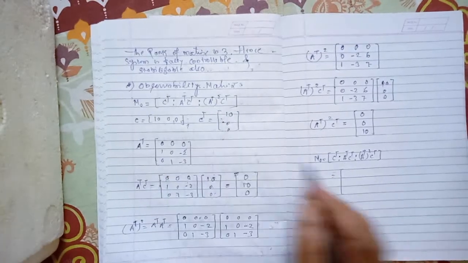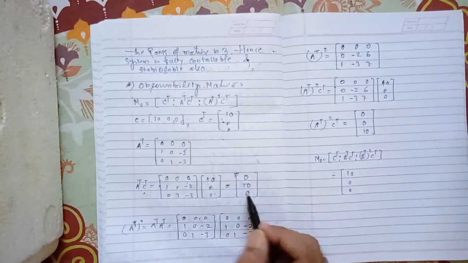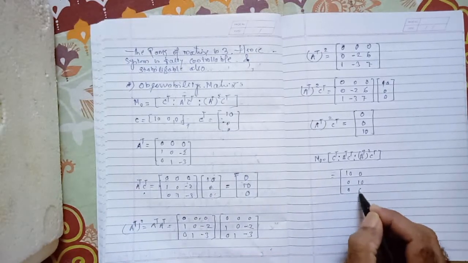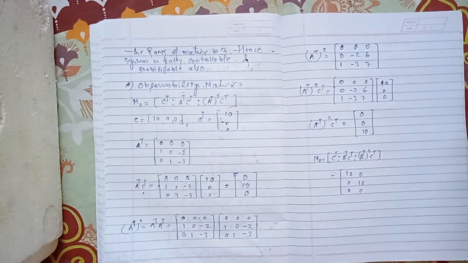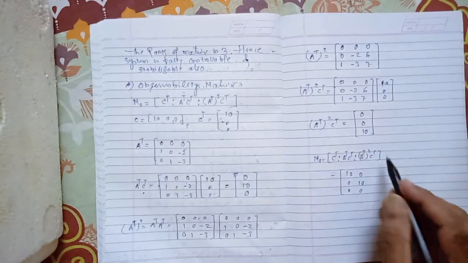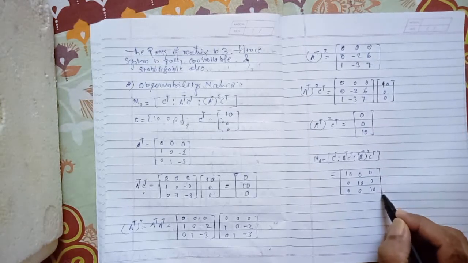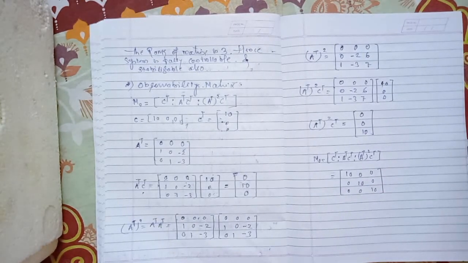C transpose is 10 0 0. Then A transpose C transpose is 0 10 0. And A transpose square C transpose is 0 0 10. Okay, it is equals to 10.